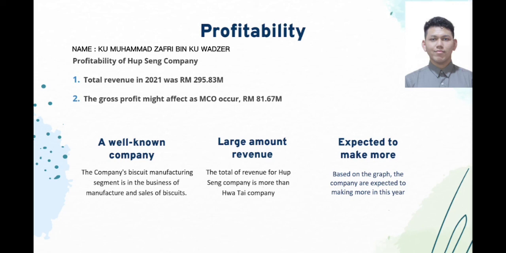The total gross profit for 2021 was 81.67 million. We chose Seng company as it is a well-known biscuit manufacturer in Malaysia. It also has a large amount of revenue and is expected to make more in the second half of the year 2022.